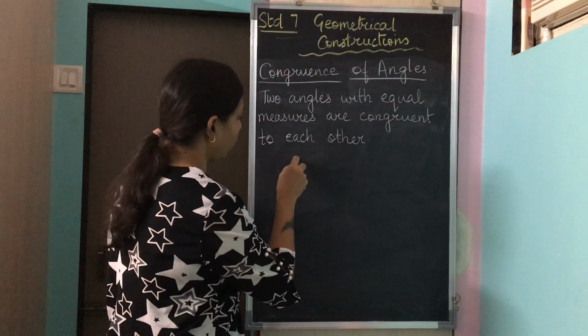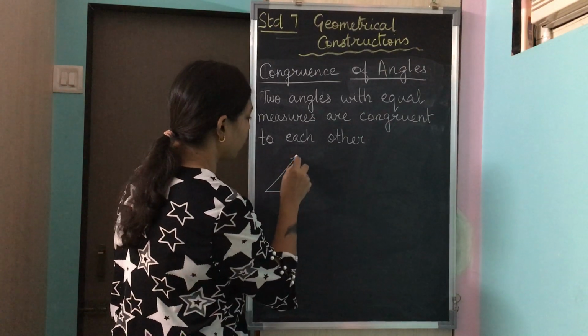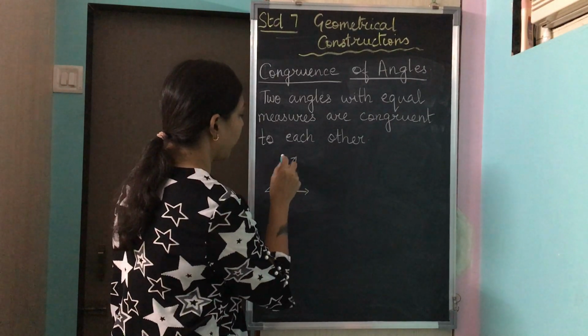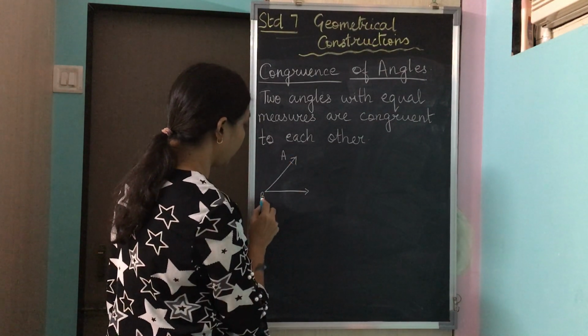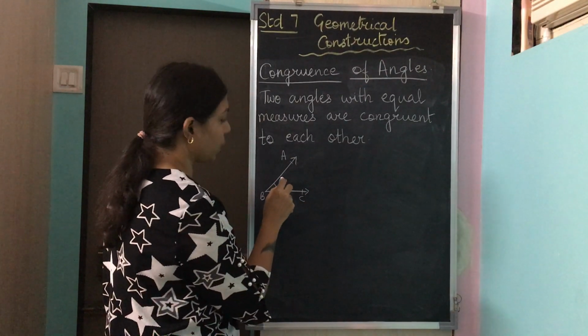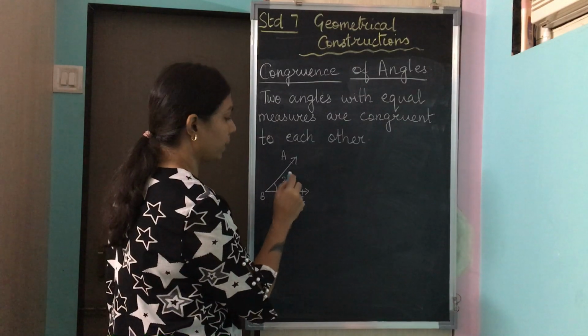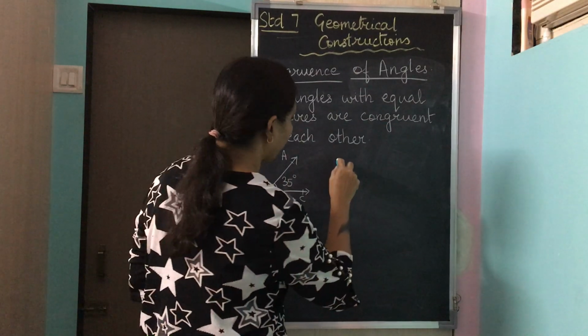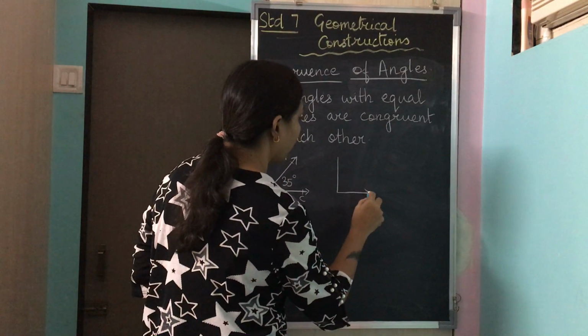My first angle that I'm drawing over here, let's name it as ABC, and I'm writing the measure as 35 degrees. The next one I'm drawing over here, I'm drawing a right angle.